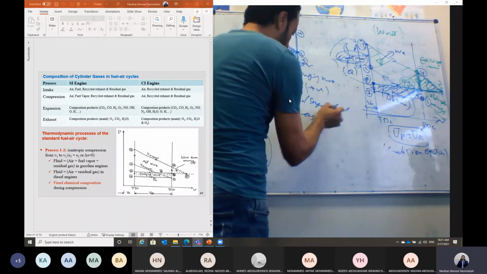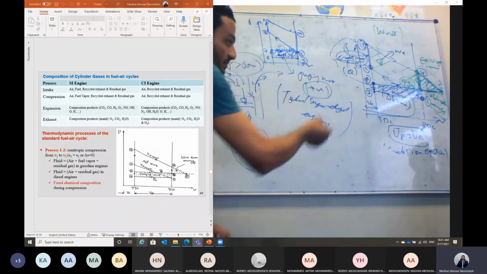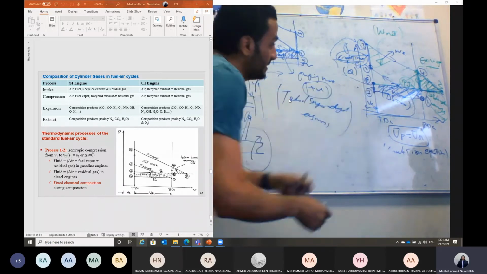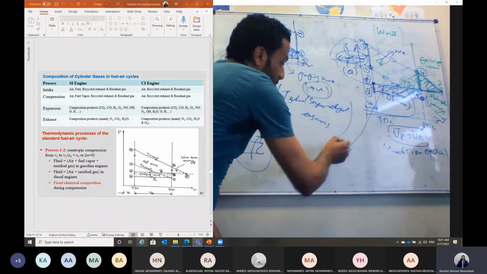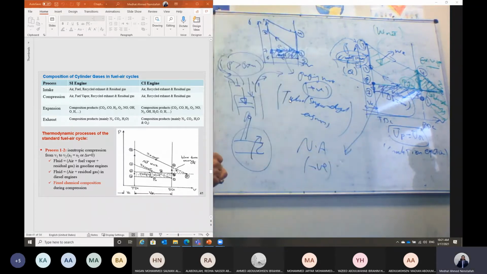So in turbo supercharged engines, the pumping work during the intake and the exhaust stroke should be a positive value, unlike the case of a naturally aspirated engine, where it should be a negative value.